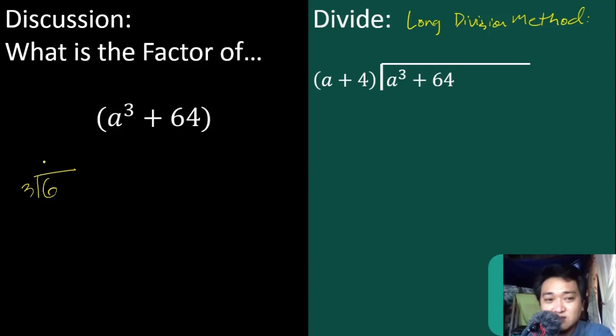If we divide it by 3, alam naman natin yung factor niya, 6 divided by 3 is 2, and then multiply it by 3 times 2, that is 6, then subtract, so that is 0. Or we divide 6 by 2, so that will be 6 divided by 2 is 3 times 2 is 6, subtract them, that is 0.